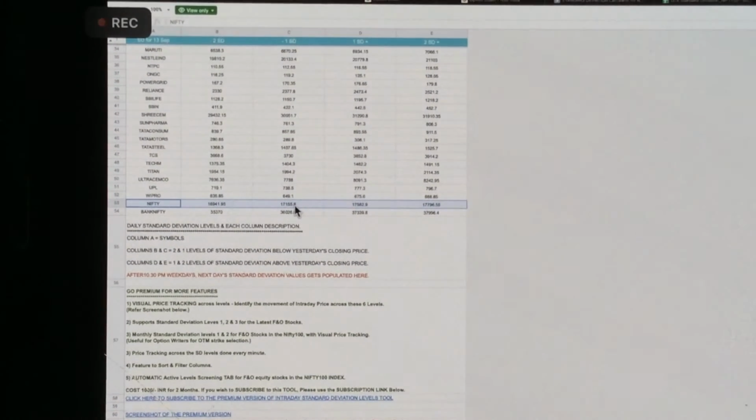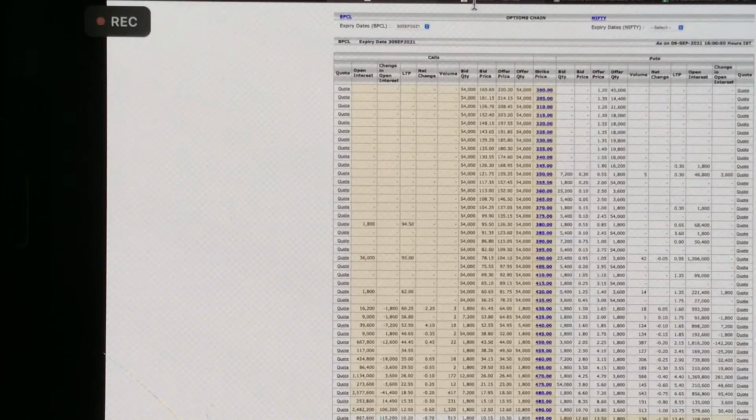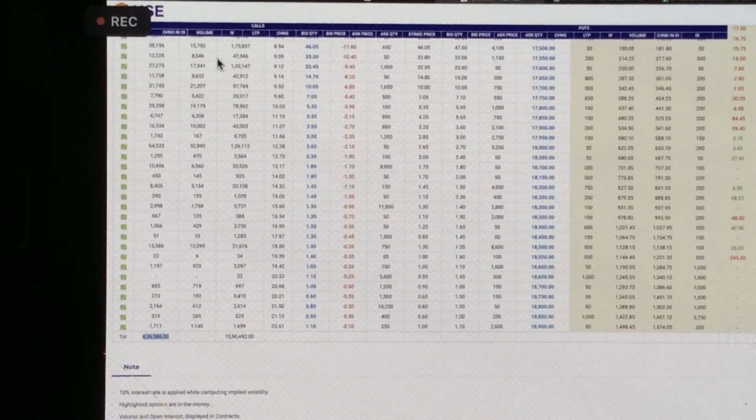Right, so approximately we can say 214 will be one standard deviation. So 17,369 minus 214 will give us one standard deviation. If we subtract again from this, then we will get two standard deviations. If you want three standard deviations, so the exact level of Nifty is 17,369.